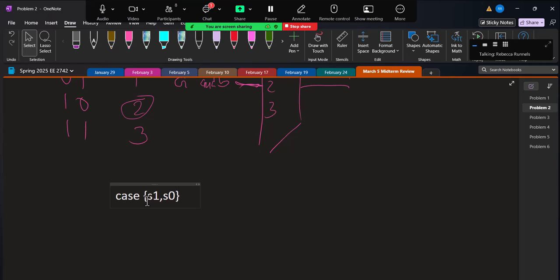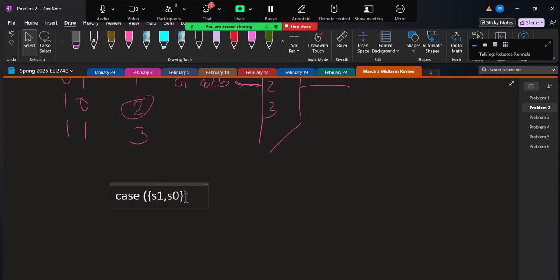A case statement is like an if-else, but you can have any number of values you want.